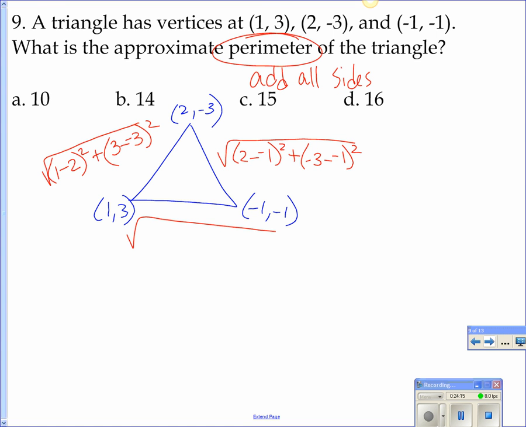Good. And Shakira, help me with the bottom one. All right, Jack, tell me what you get for this one on the left. Faith, tell me what you get for this one over here. And Brandon, tell me what you get for the bottom one.